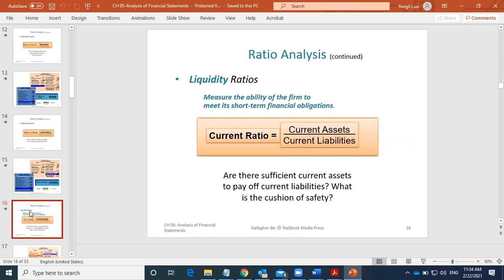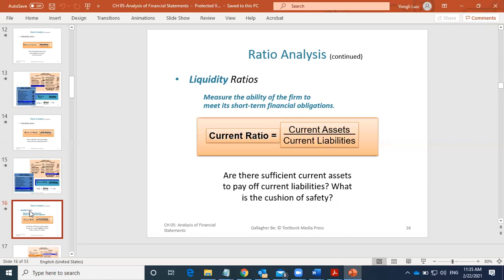Short-term debt, let's talk about, for example, you have to pay your rent, you have to pay your utility, right? That's short-term debt. The same thing for a business, you have to pay your employee their salary.